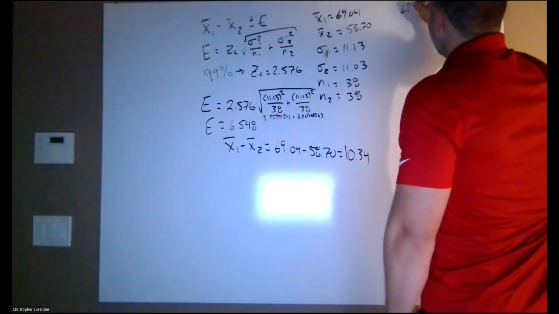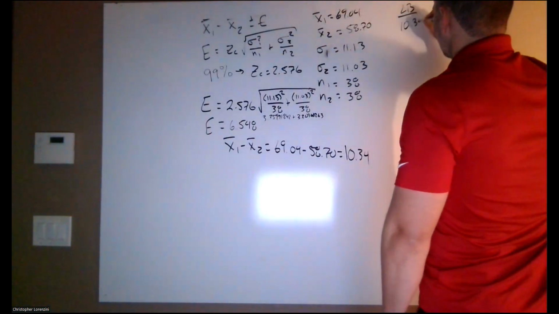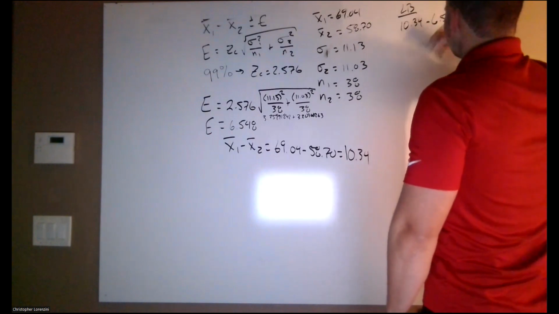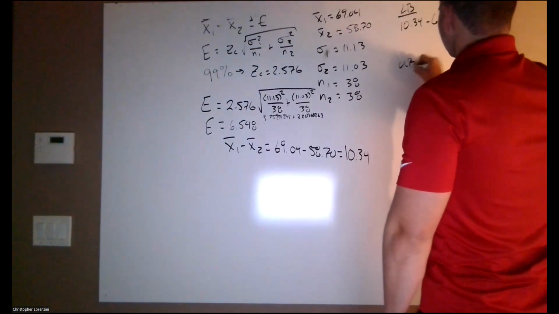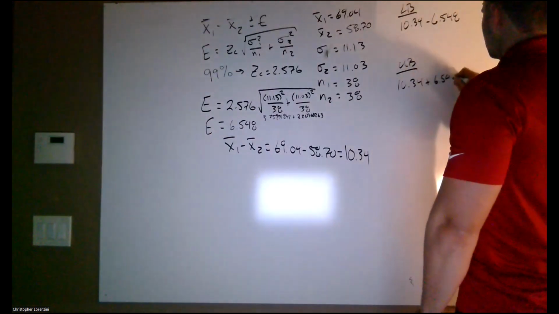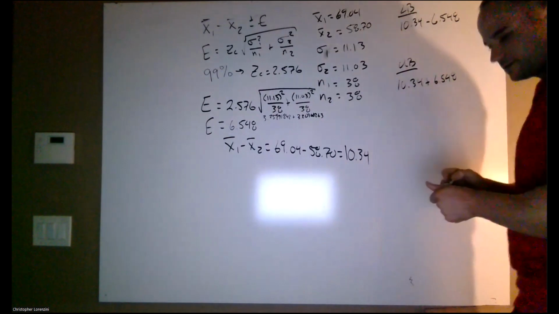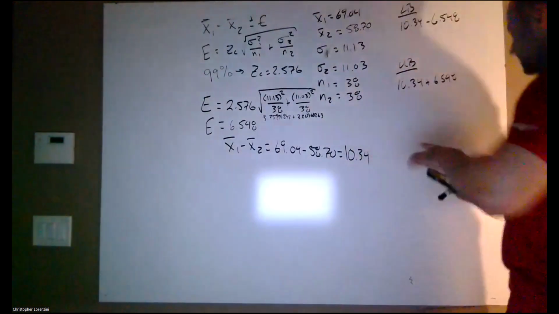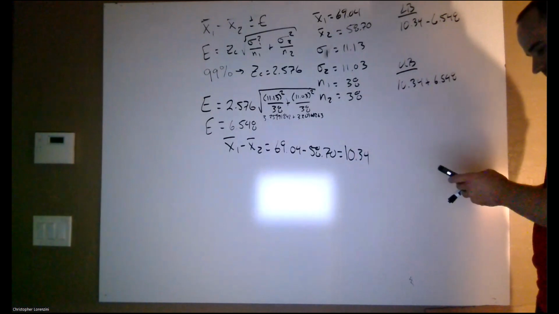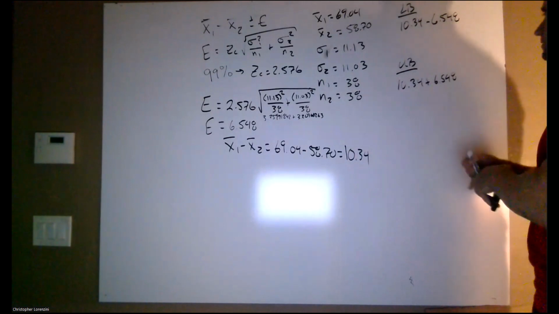So my lower bound is going to be 10.34 minus 6.548, and then my upper bound is going to be 10.34 plus 6.548. So we're going to use the calculator again just to make sure that we get the right values.